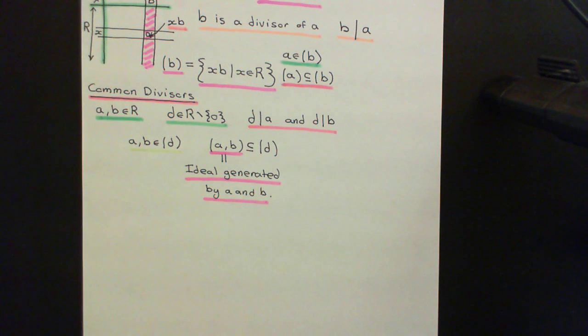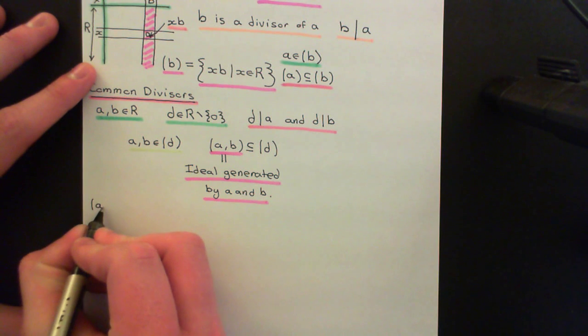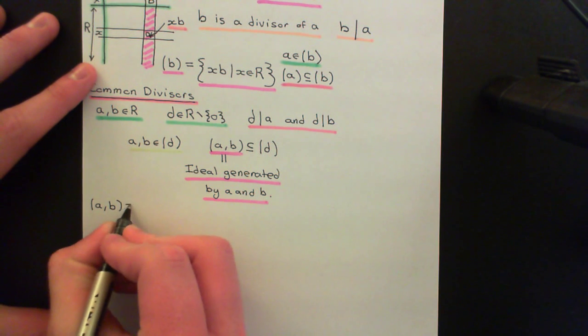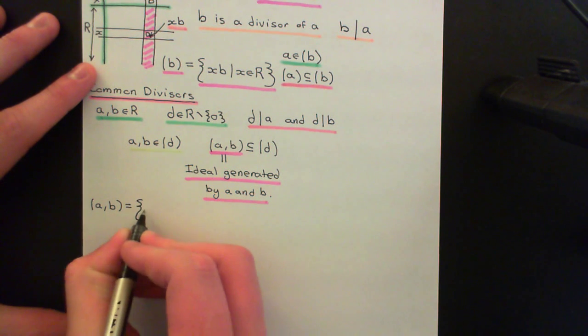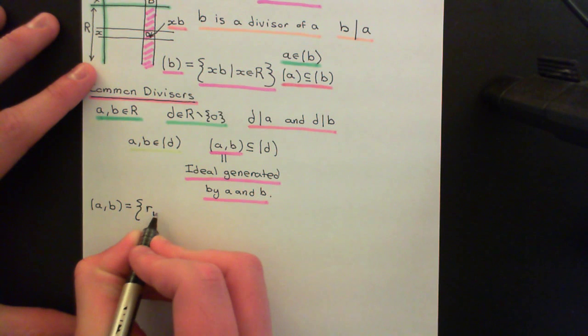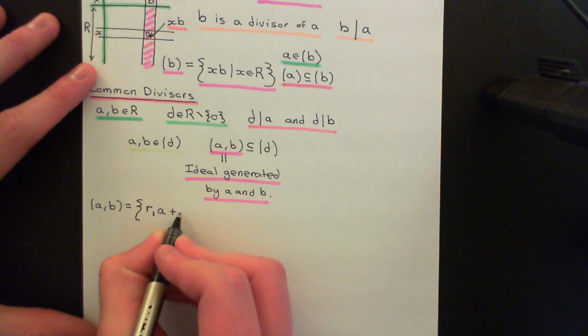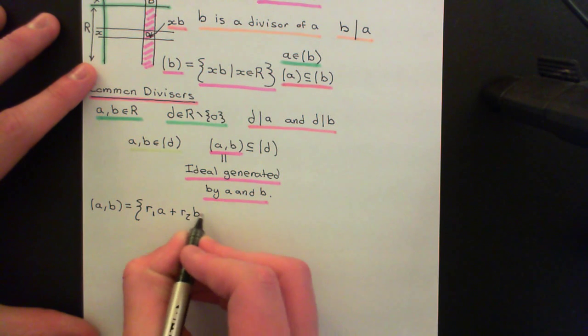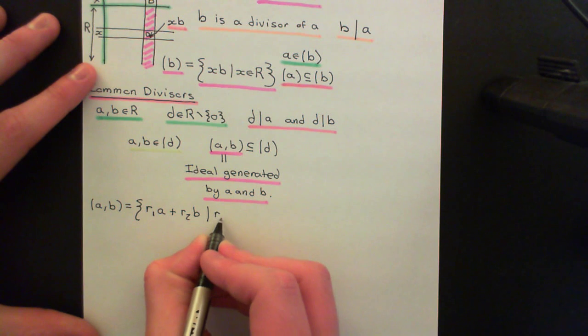Before we go any further, let's explore this ideal generated by A and B. Rather than trying to motivate this and then define it, I'm just going to go straight in and define it, and then we'll see the motivation behind it. I think that's the best way to do this. The ideal generated by A and B is going to be the subset of our commutative ring that consists of all things of the form R1 times A plus R2 times B. I've got two things to show you.